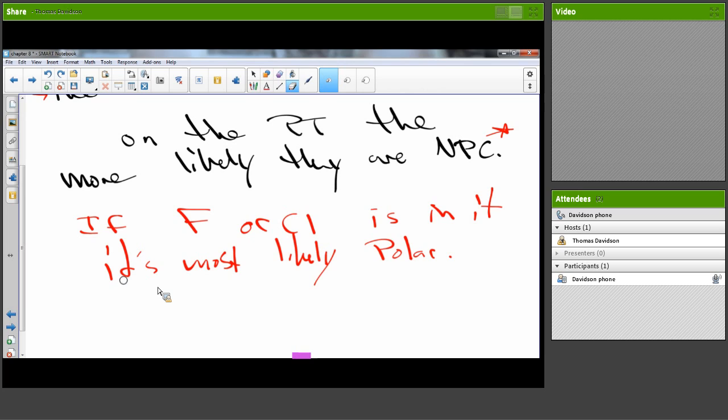Whatever. All right, it's most likely polar if it has F or Cl. Why would it make sense that if it has F or Cl it would probably be a polar substance? Okay, they have really big electronegativity values. So no matter what they hang out with, especially F, it's going to make it polar.